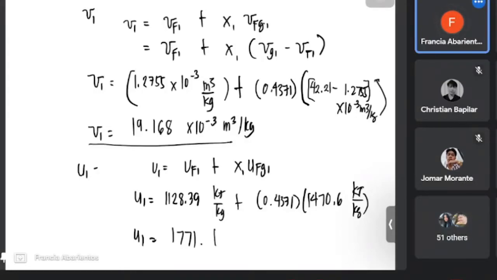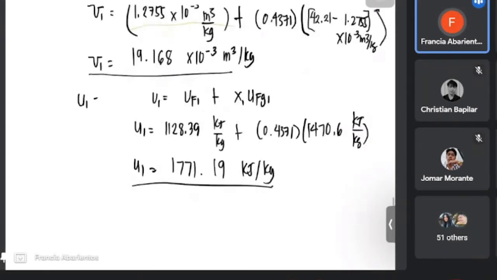Sino mo na una? 189. Bakit iba-iba yung answer natin? Ano yung answer nyo? Ayun, akala ko. Yan. So we have the internal energy at point 1.